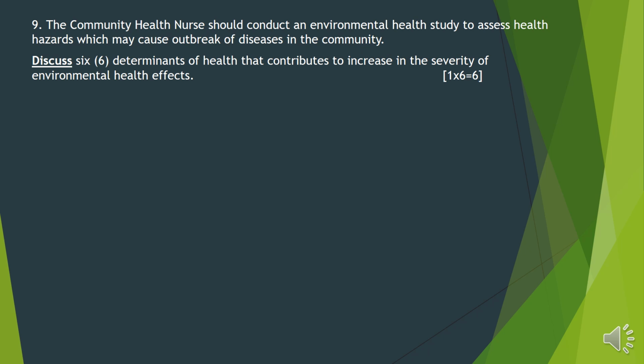Some of them are conducting an assessment for environmental hazards, and these actually go hand in hand with the process of conducting an environmental health study. So the role is conducting an assessment for environmental health hazards, meaning identifying environmental hazards within the community that the nurse is working in, and understanding the environment where the patients live.